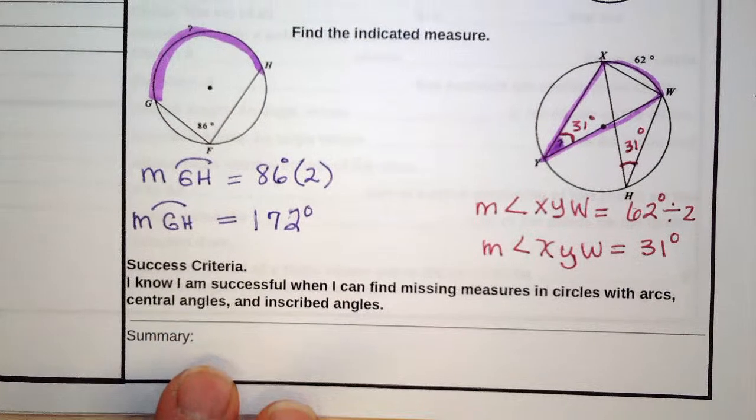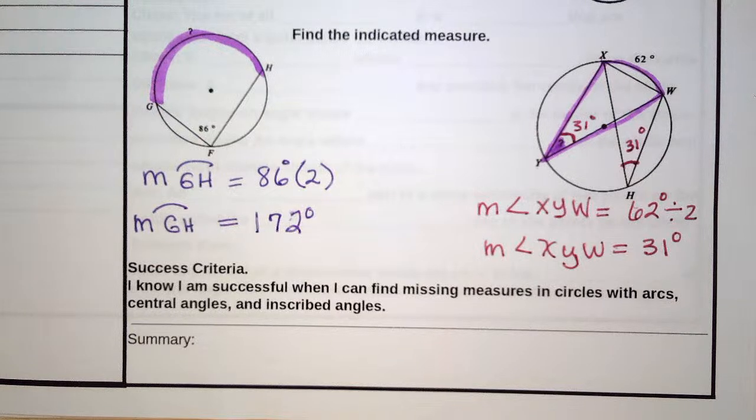I know I'm successful when I can find missing measures in circles with arcs, central angles, and inscribed angles.